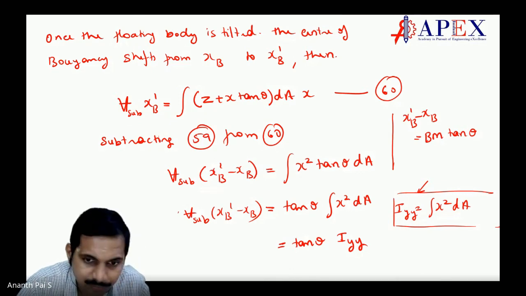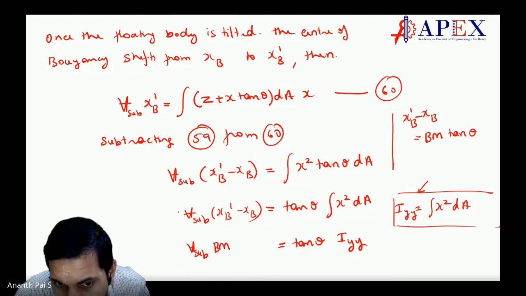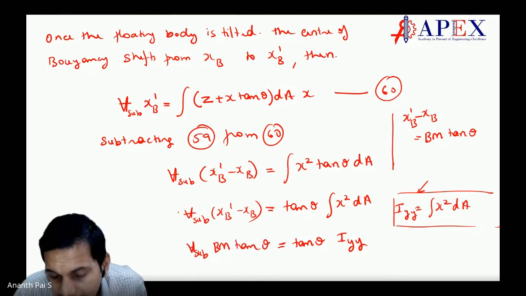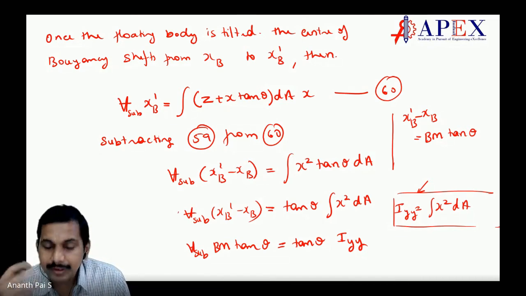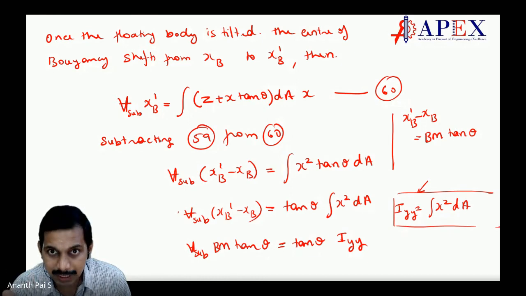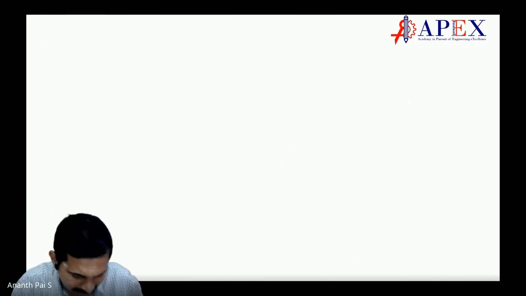So what can we have? We can have this as volume submerged into bm tan theta. Agreed, students. Now what is important? We need the metacentric height, which is bm, right? If you see in this fashion, tan theta gets cancelled.